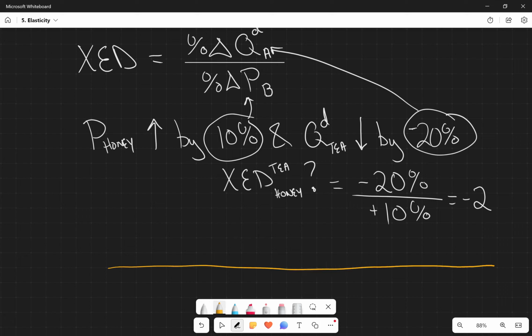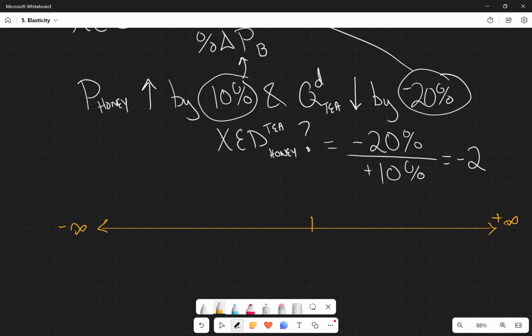So when I'm looking at the spectrum of what this elasticity could be, when my cross-price elasticity is less than 0, these are going to be complementary goods.